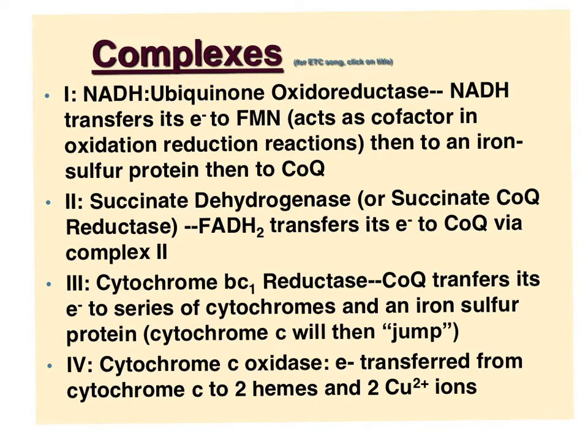It's a peripheral protein in the intermembrane space, and it does physically leave when it gets reduced, and it ultimately goes to complex 4. Complex 4 is called cytochrome C oxidase because it oxidizes cytochrome C. It's pretty simple. The electrons get transferred via hemes and coppers ultimately to oxygen to make water.